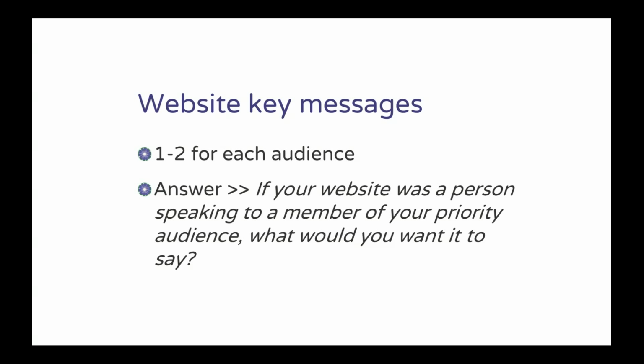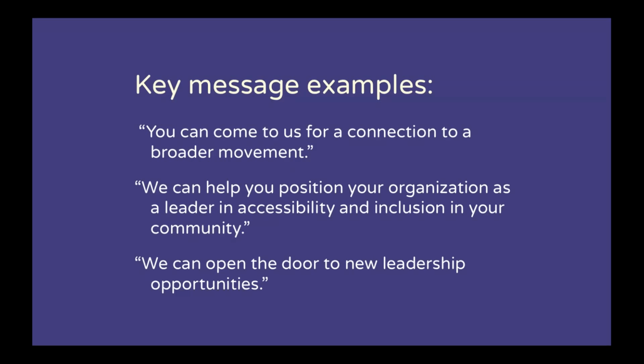So when you do this exercise, you're going to keep it simple and just write down a sentence or two for each audience. This one is probably best illustrated with examples. So here are three, again, cherry-picked different examples from 3 different organizations. So one website key message out of several for one organization is, you can come to us for a connection to a broader movement.